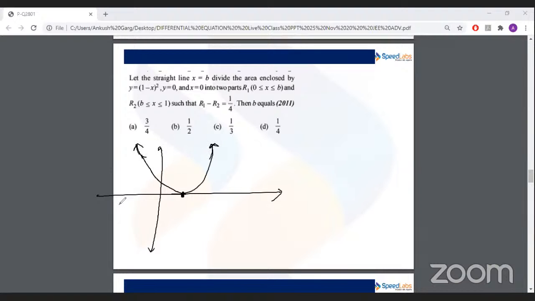So this will be a parabola opening upward. So y equal to 0 and x equal to 0, that is the x and y axis simultaneously. So x equal to b divides the area enclosed by these three, which is this area, right? There is a line x equal to b that divides this area in two parts, R1 and R2, such that R1 minus R2 is equal to 1 by 4. So you have to find the value of b.